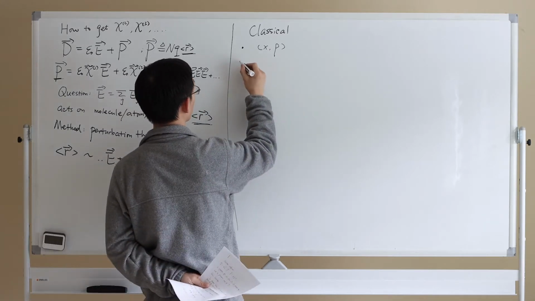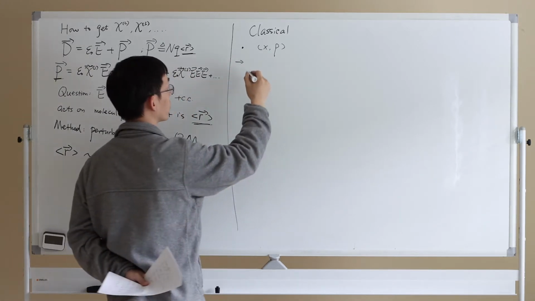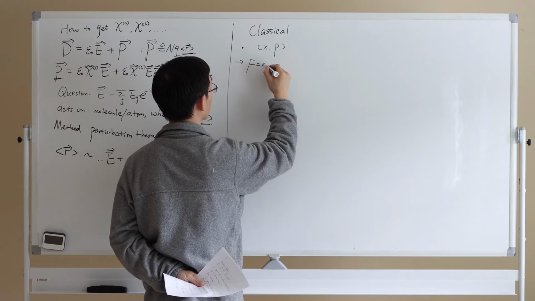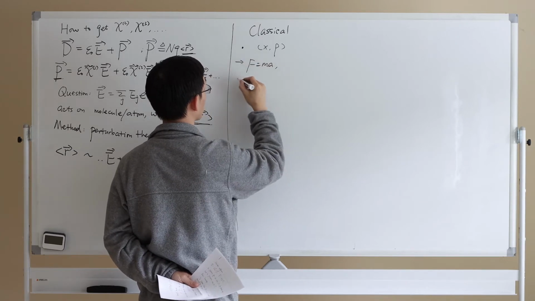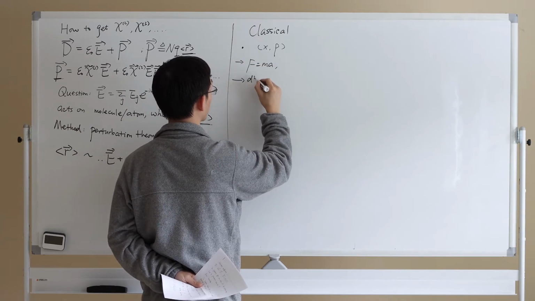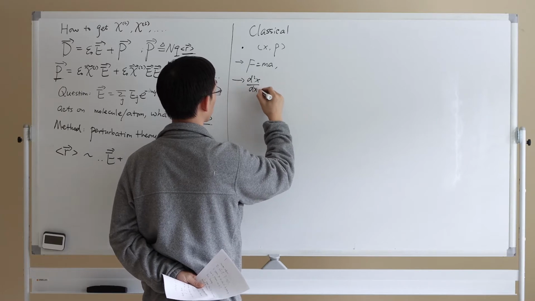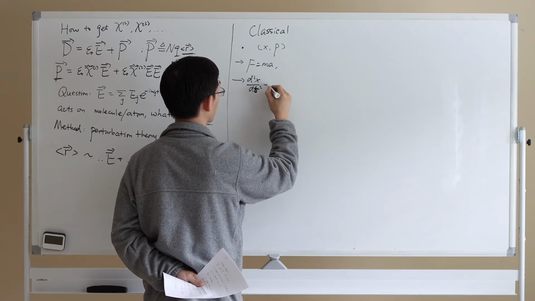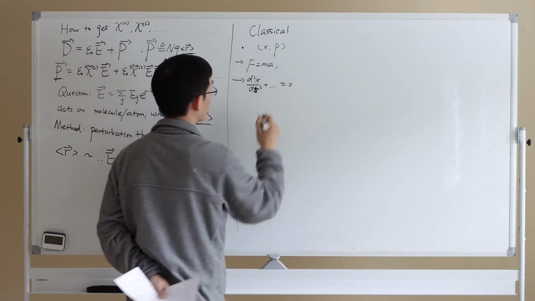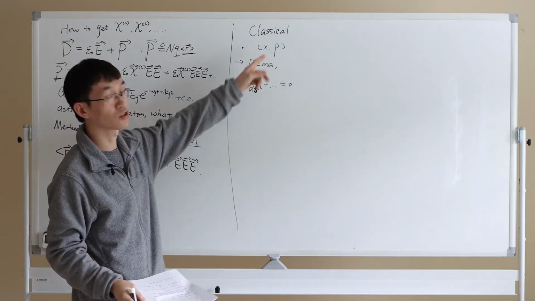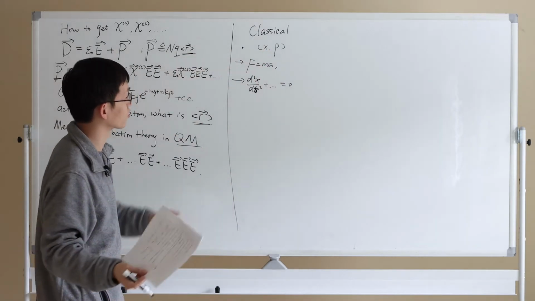And then what you do is that you write down, based on F equal ma, your differential equations. You write down differential equations for position or for momentum, depending on which one you want.